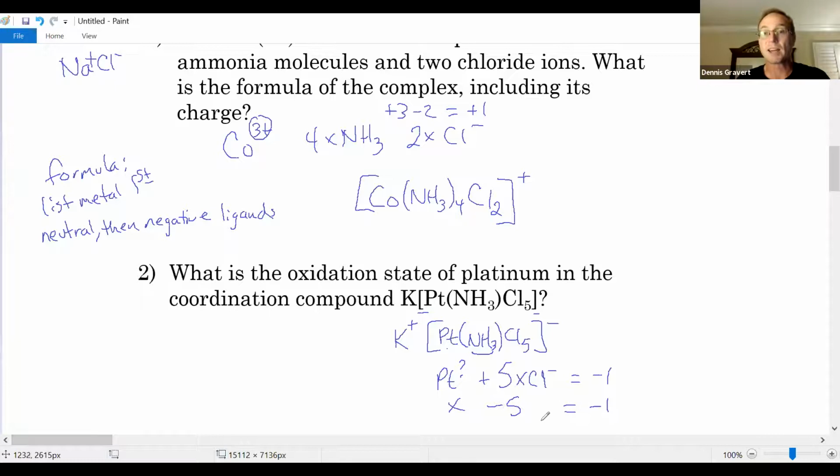Add 5 to both sides, and X is +4. That platinum is a +4 cation inside this complex. With 5 attached chlorides, the net charge then is -1. There you go. That's the oxidation state. It's +4.